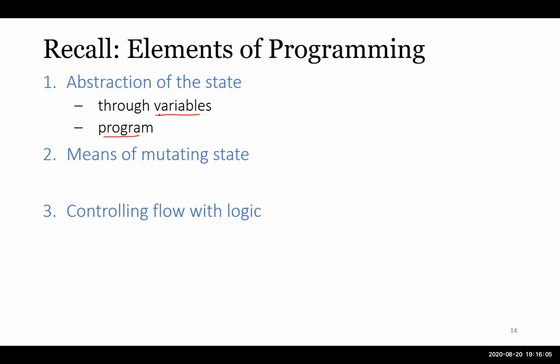It's not just the variables, it is which statement the program is going to execute. Then we have some means of mutating the state, basically manipulating the variables. The last thing which we have not talked about yet is controlling the flow. This controls which instruction the program is executing next. This is called control flow.